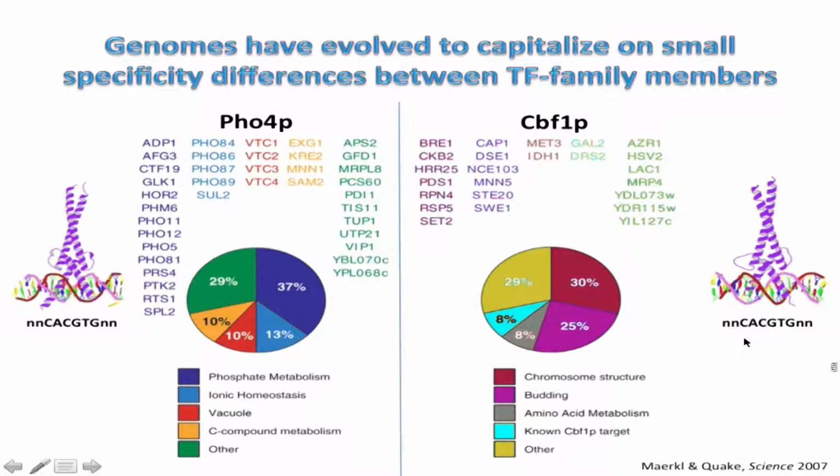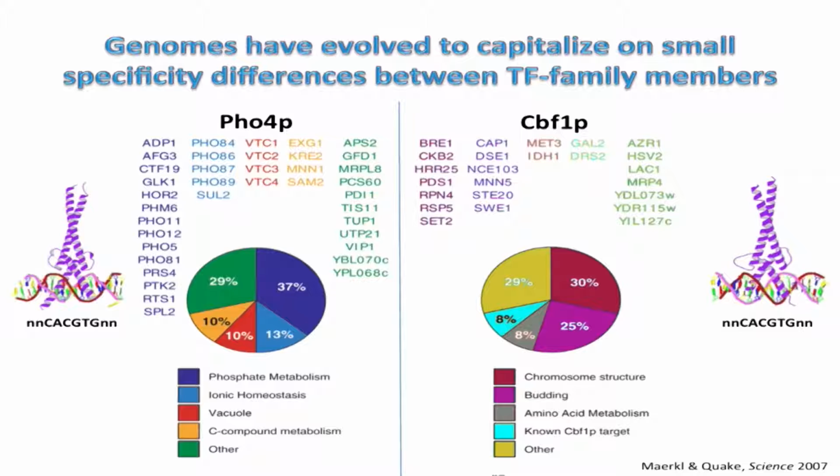And what they showed in their paper is that basically the genomes have evolved to capitalize on these small differences in specificity. And FO4 actually regulates a very different set of genes than CBF1. And these genes are also in very different pathways.